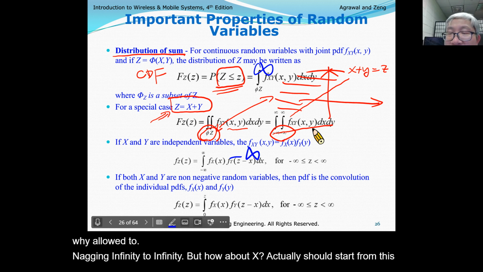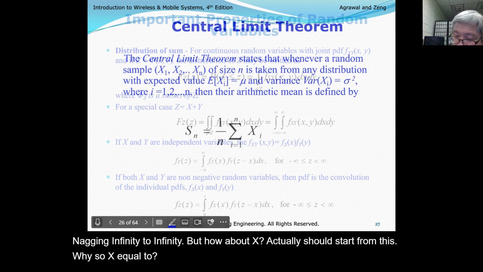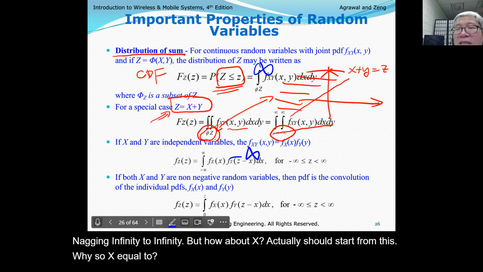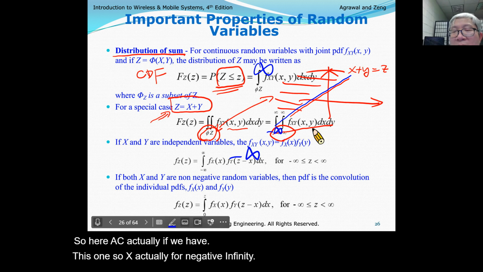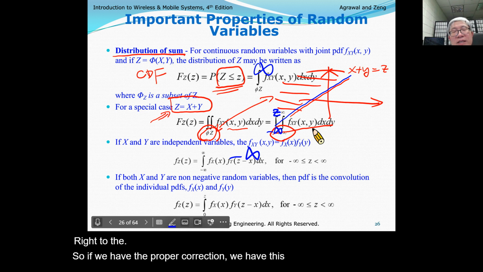So x equals... here, if we have this one, x actually goes from negative infinity to z. So if we have the proper correction, we have this one, z.